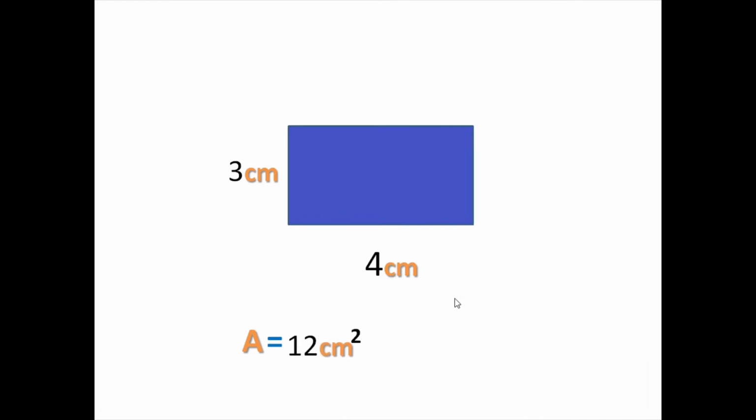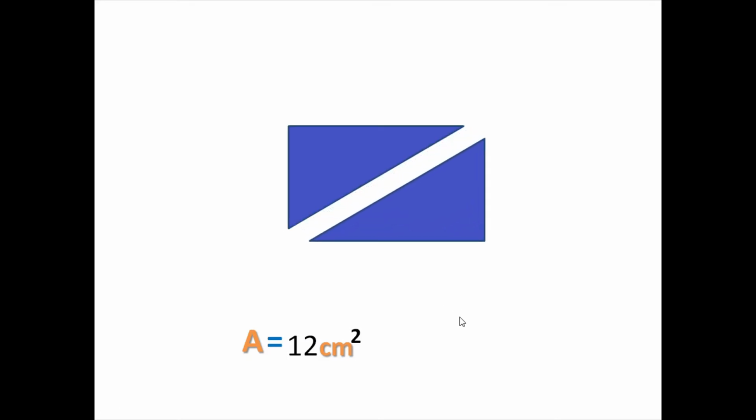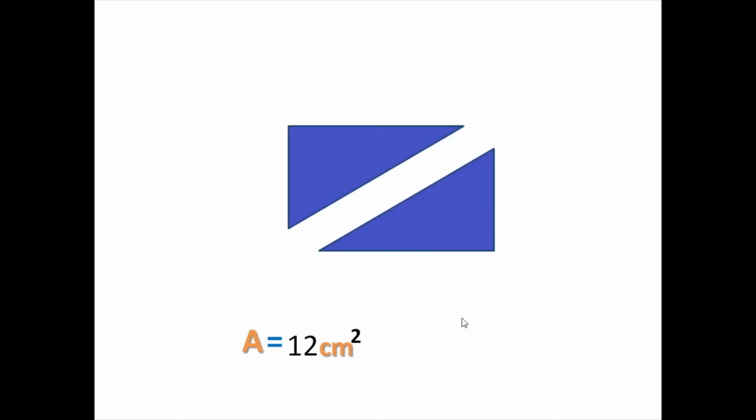But now, what if you were to cut this rectangle in half along a diagonal line from opposite corners? It forms two triangles. And because each of these triangles is exactly half of the rectangle, that means that the area of both of the triangles must be exactly half the area of the rectangle that we already calculated.